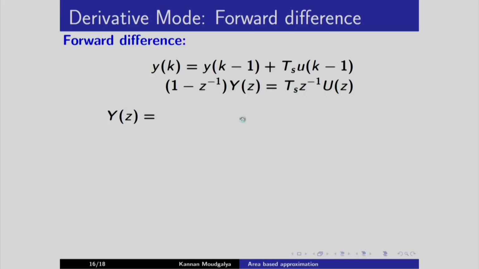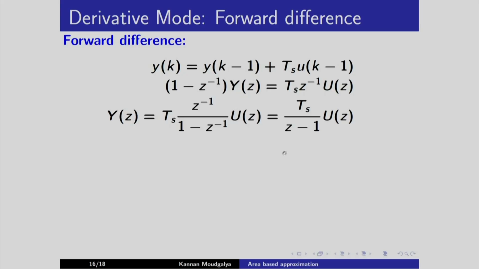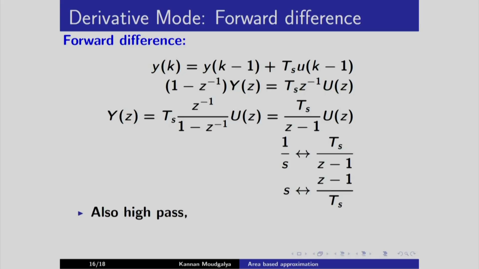When I simplify this I get this expression and then multiply both numerator and denominator by z, you get this expression times u of z and hence we get the formula 1 over s gives rise to Ts by z minus 1 and hence s is z minus 1 by Ts.